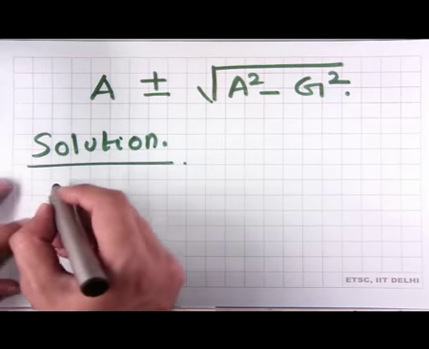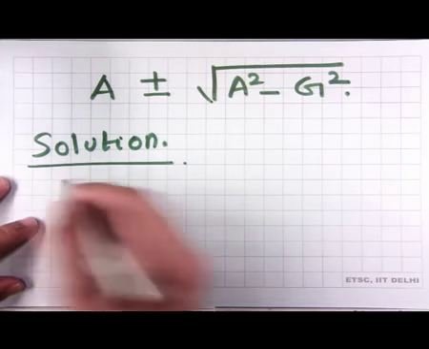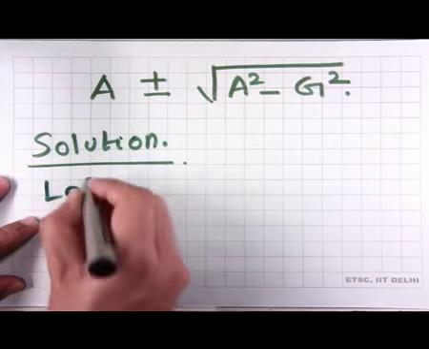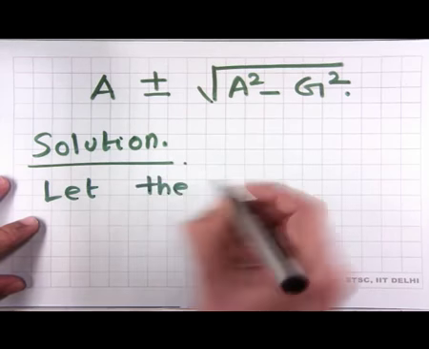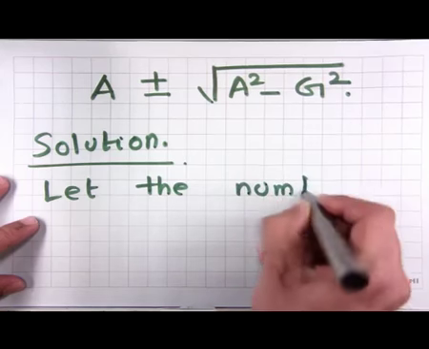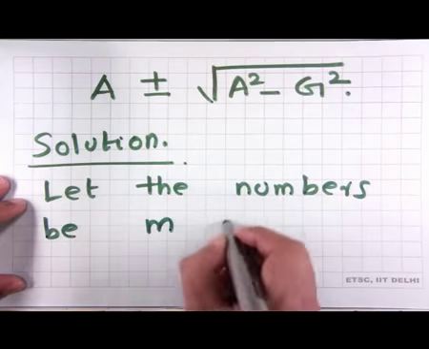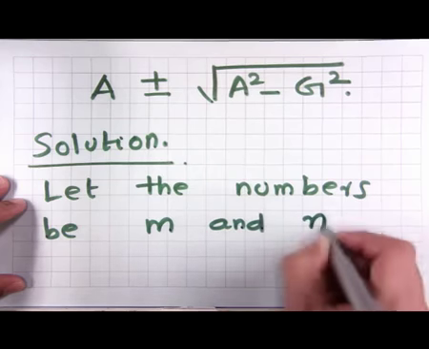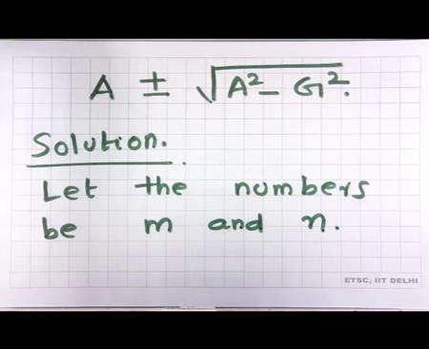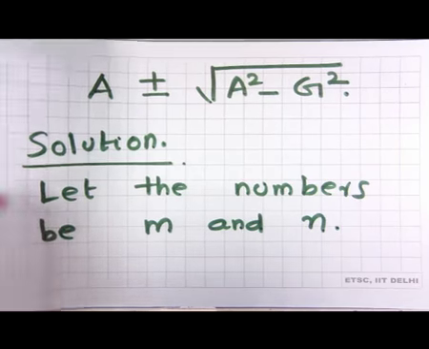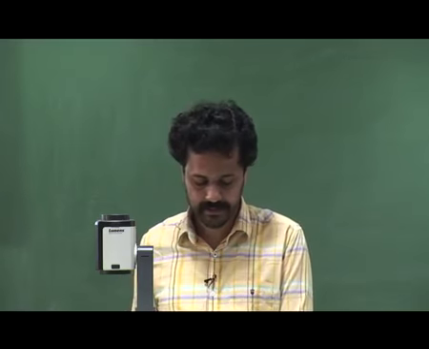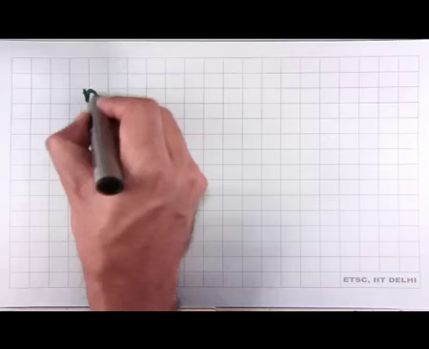Let us call the numbers m and n. Let the positive numbers be m and n. Then what is given to us is the arithmetic mean of m and n.